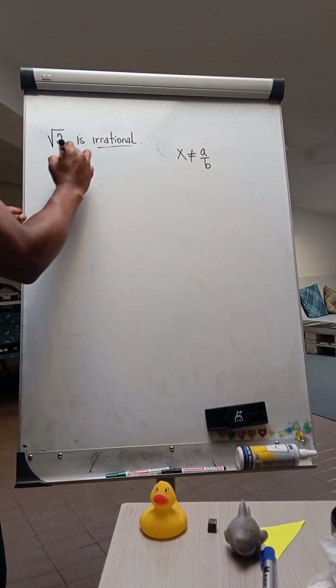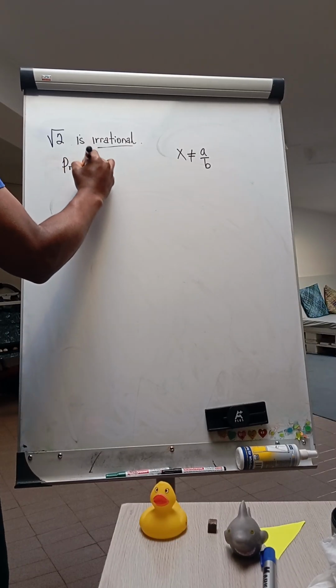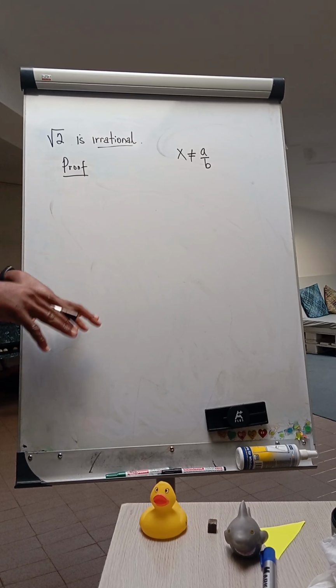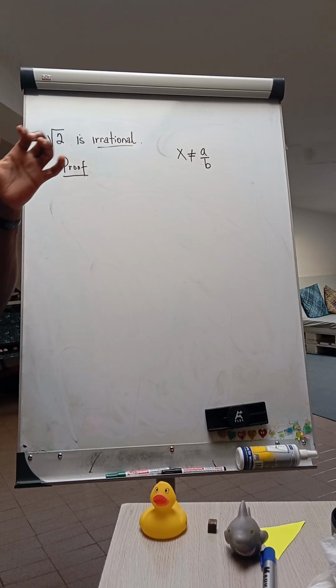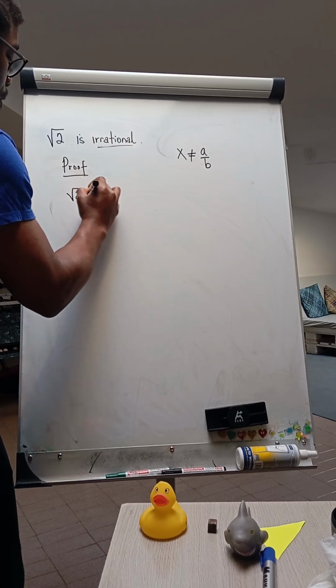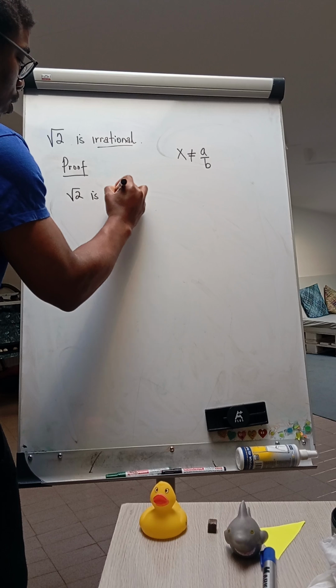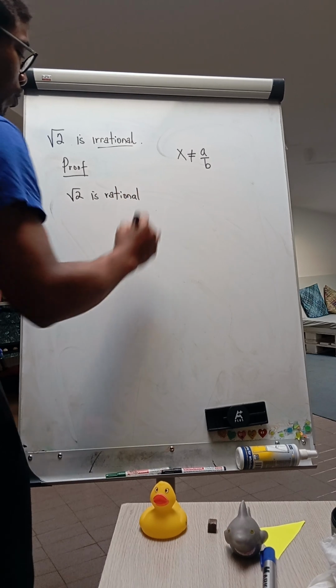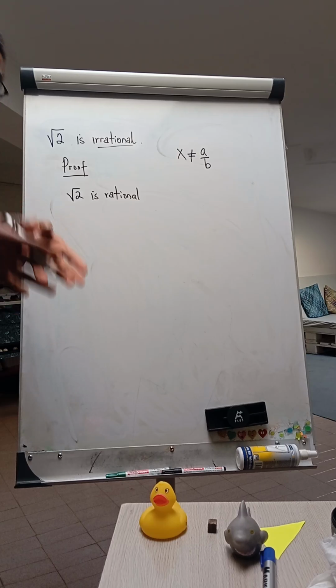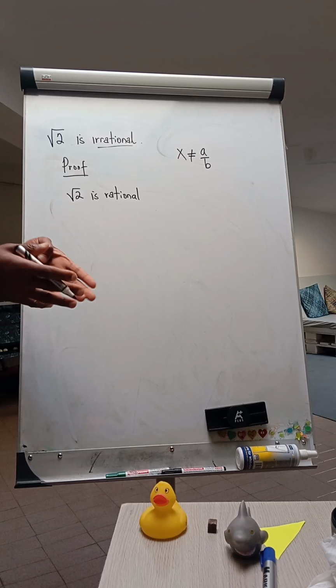So let's get into the proof. Let's assume the contrary. We're going to take a proof by contradiction approach. Let's assume that the square root of 2 is rational, and that it's been reduced to its lowest form of rationality.